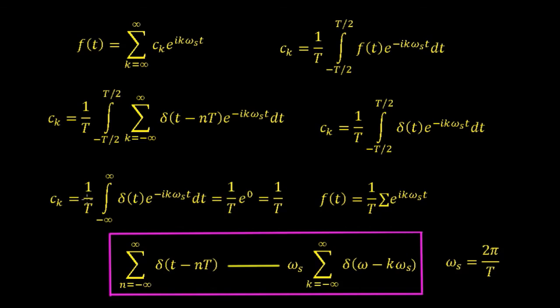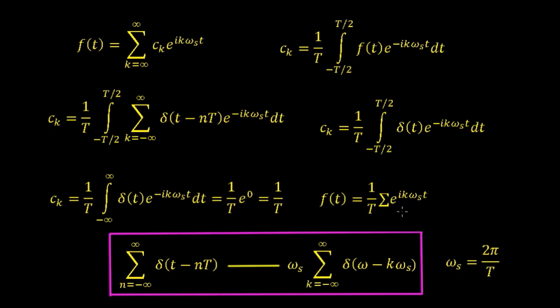So we'll just be left with 1 upon T, e to the power of 0, and anything to the power of 0 is just 1. So we're just left with this value 1 upon T. Therefore we can take this 1 upon T and put it back into our equation up here. So we'll just be left with f of t equals 1 upon T, the sum of e to the j k omega s t.